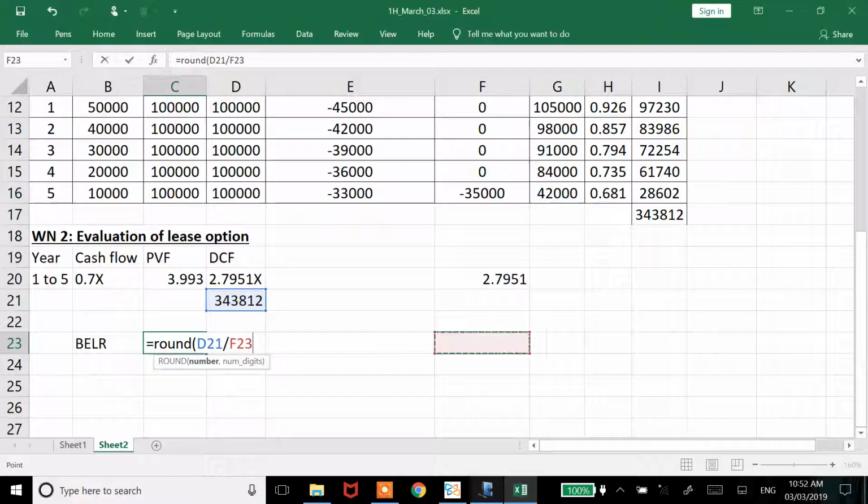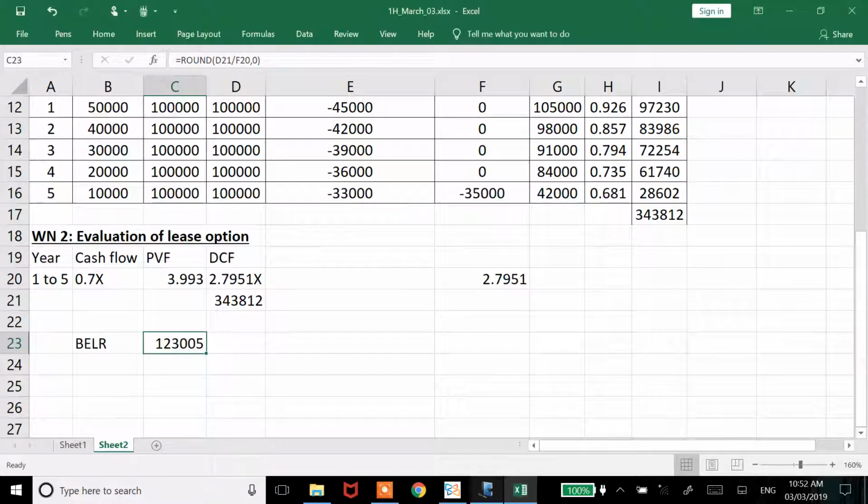343,812 divided by 2.7951 gives 123,005.